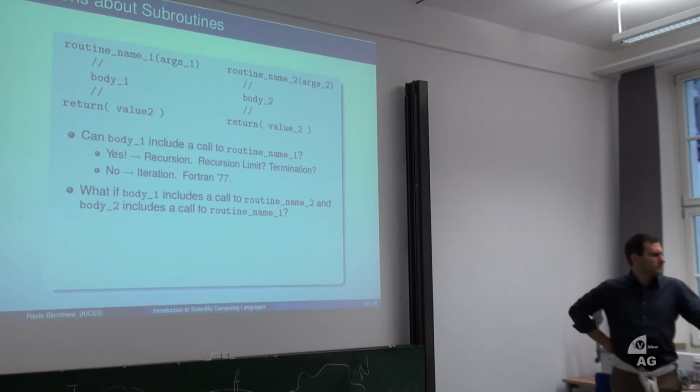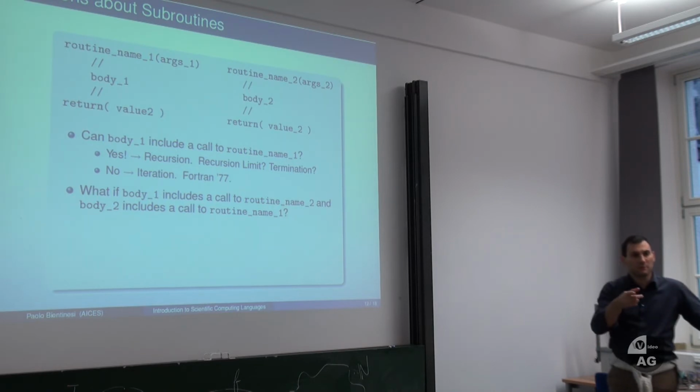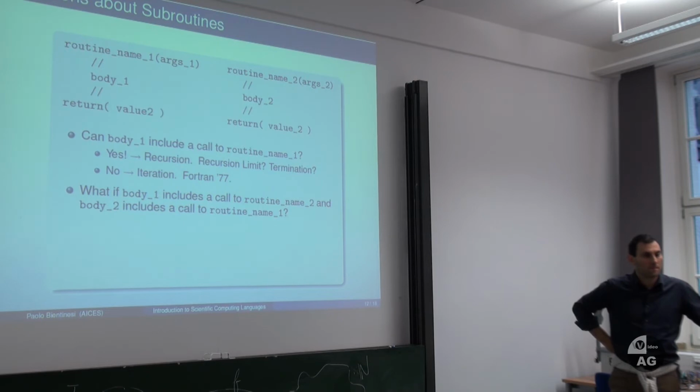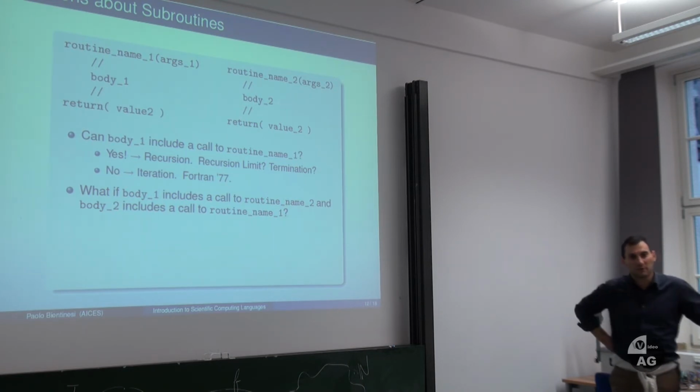Because the routine name 2 had not the chance to finish. I see. Somebody wanted to say something? But if you try this in C, then you need to define one of the routines before you write the code. Otherwise, you can't execute it. That's correct, yes.